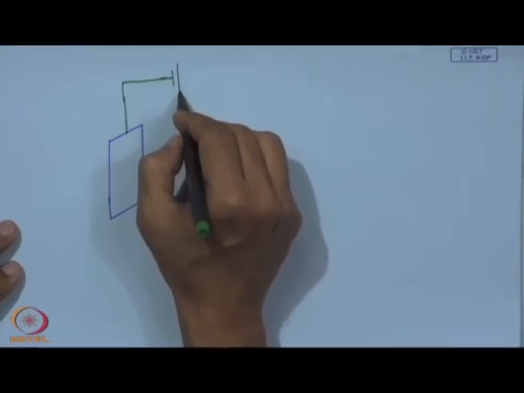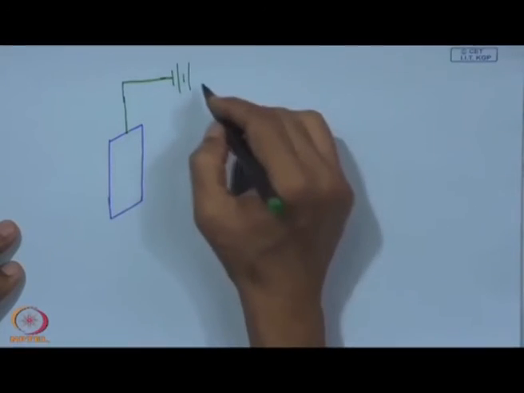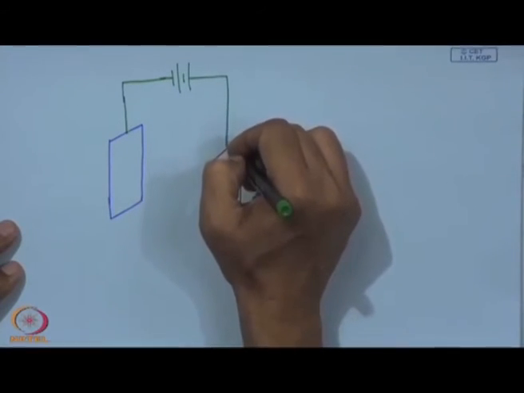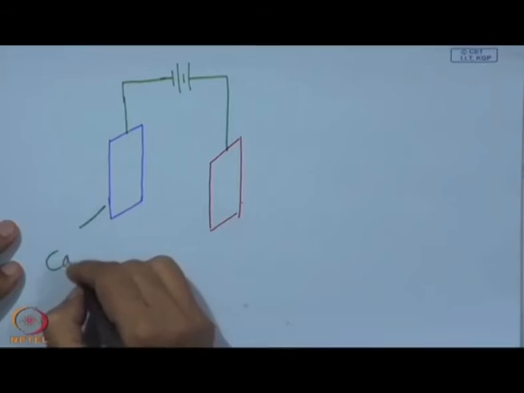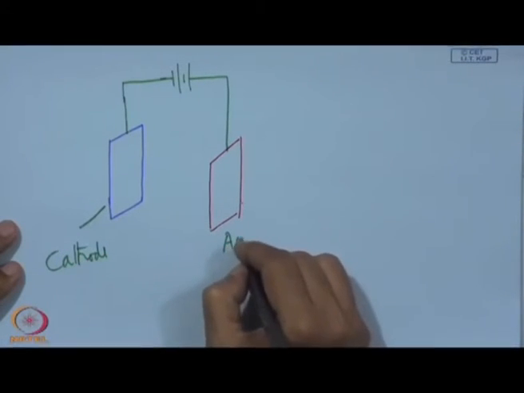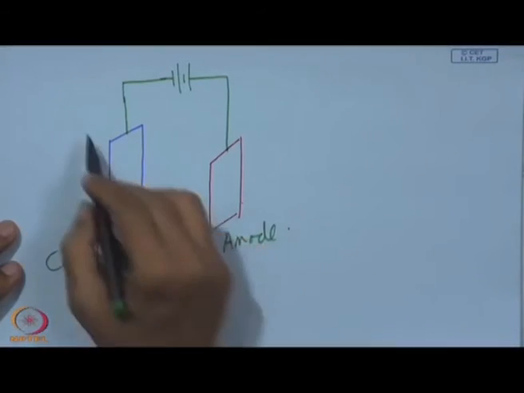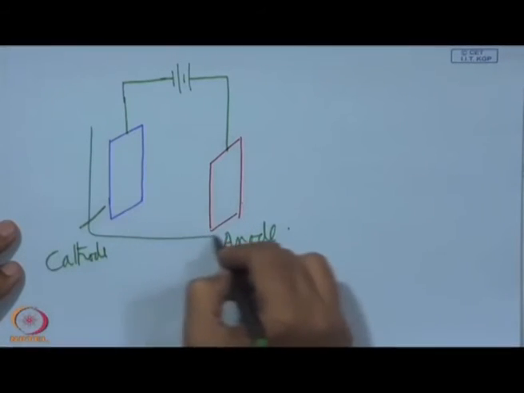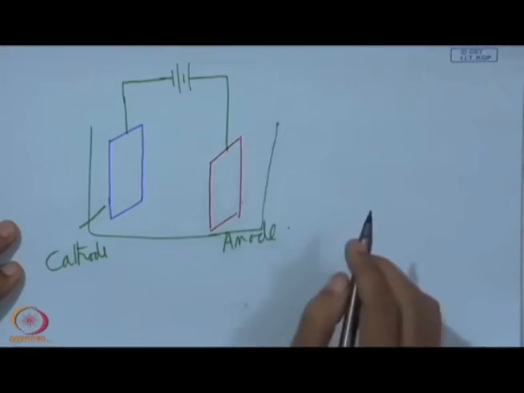So, this is normally the connection. Cathode, this is anode. So, this is covered in one electrolytic tank.